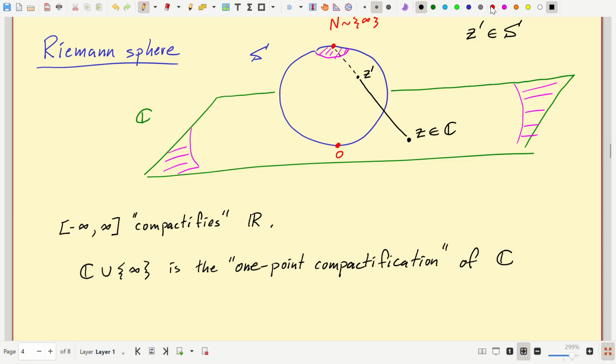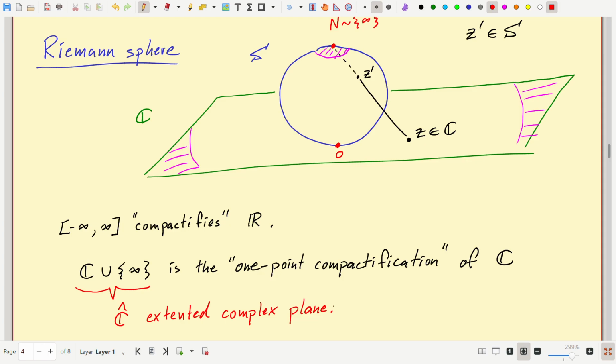And this is used so often that we call this the extended complex plane, C hat. You add one abstract point to it. Okay, so it's an abstract point.